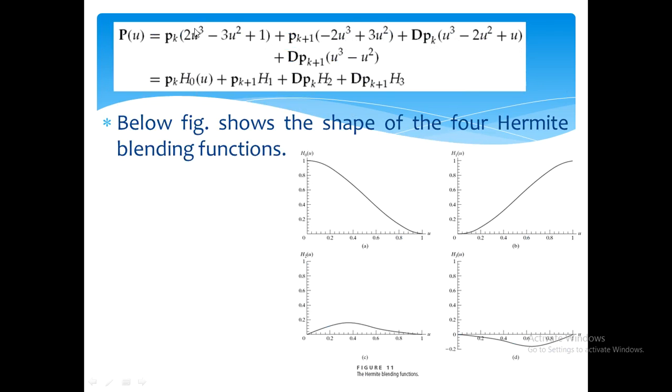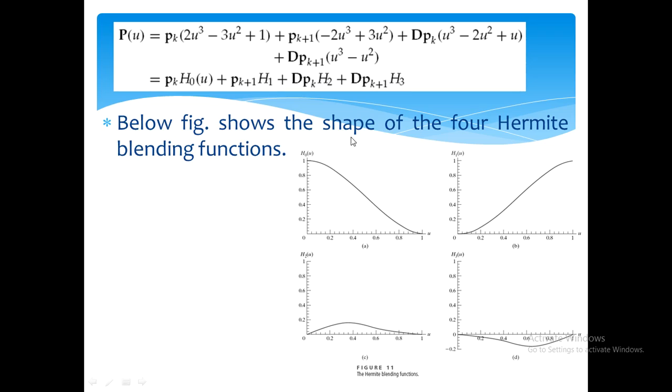Then we will replace these with H0, H1, H2, H3, that is Hermite H1, H2 like this, right? Then P_k H0 of u, then P_k+1 H1, then DP_k H2, then DP_k+1 H3, right?